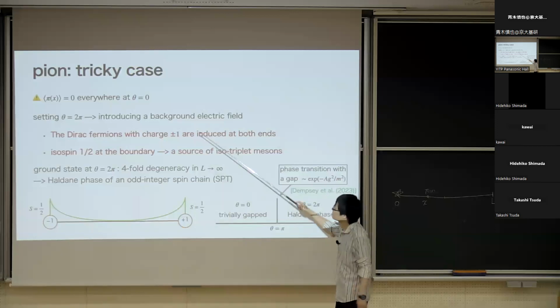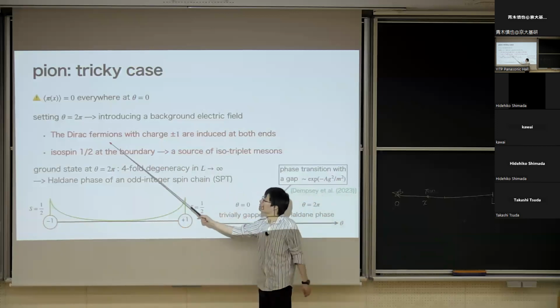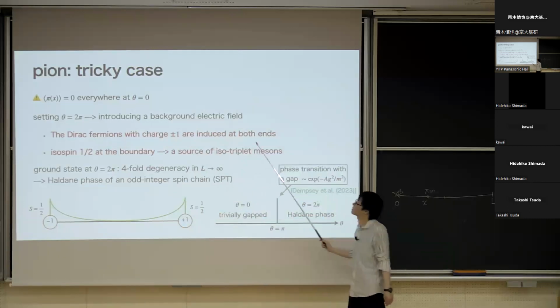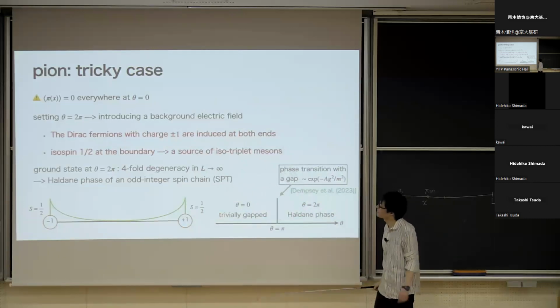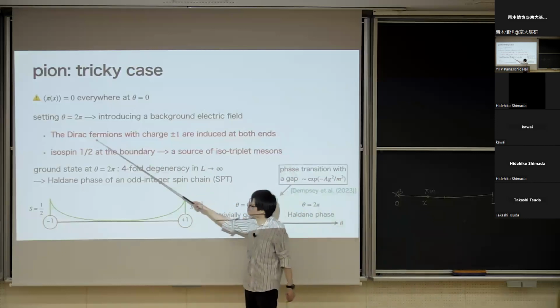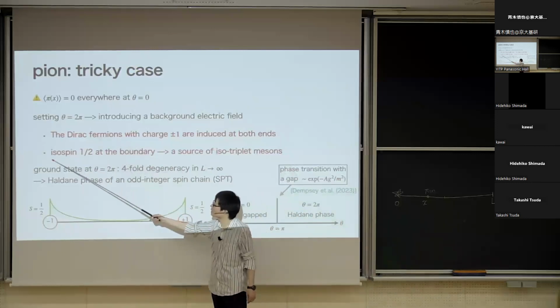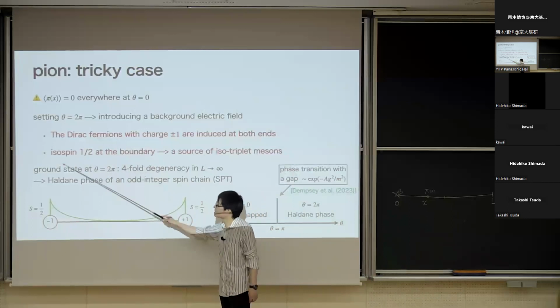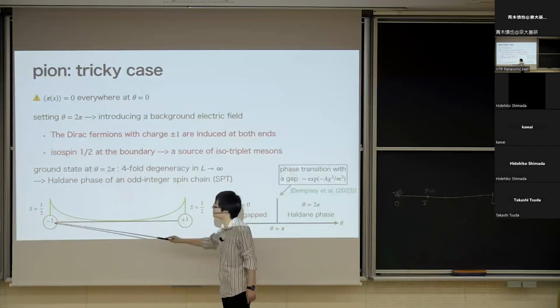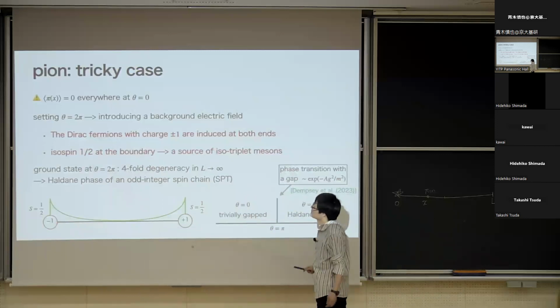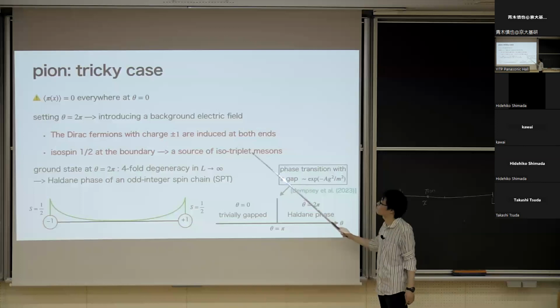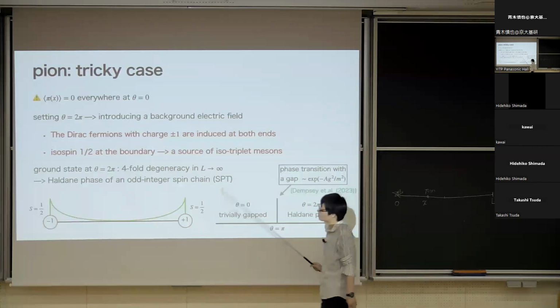In this setup, Dirac fermions with electric charge plus minus 1 are induced at both ends of the lattice, and these Dirac fermions have isospin 1/2. So it can be regarded as an excitation of isospin 1/2, and this can be a source of the isotriplet meson, I mean the pi meson. This is the trick.